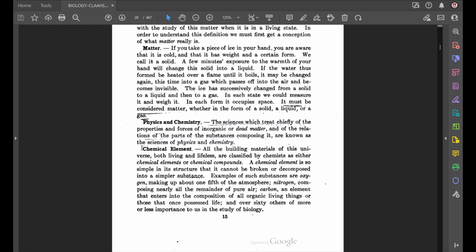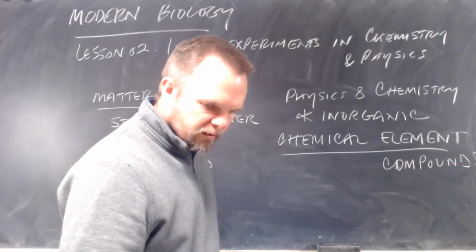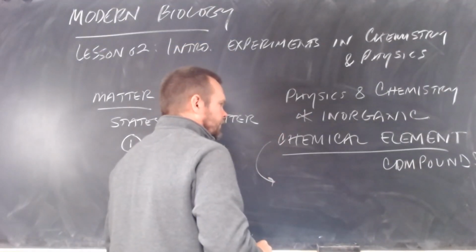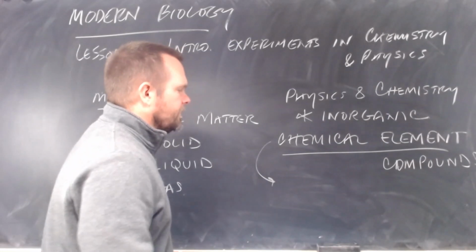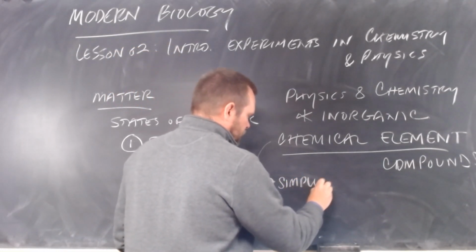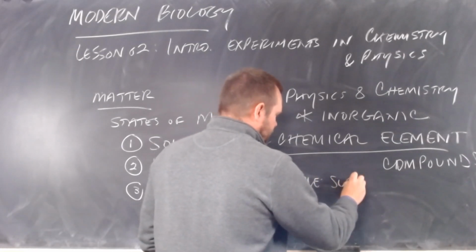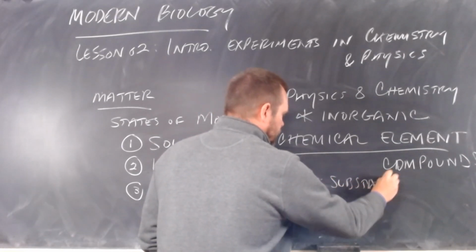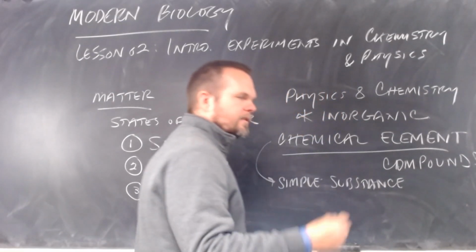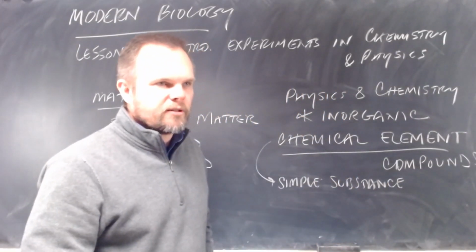A chemical element cannot be broken down into a simpler substance. So a chemical element is a simple substance, a simple substance that cannot be divided into a simpler substance.